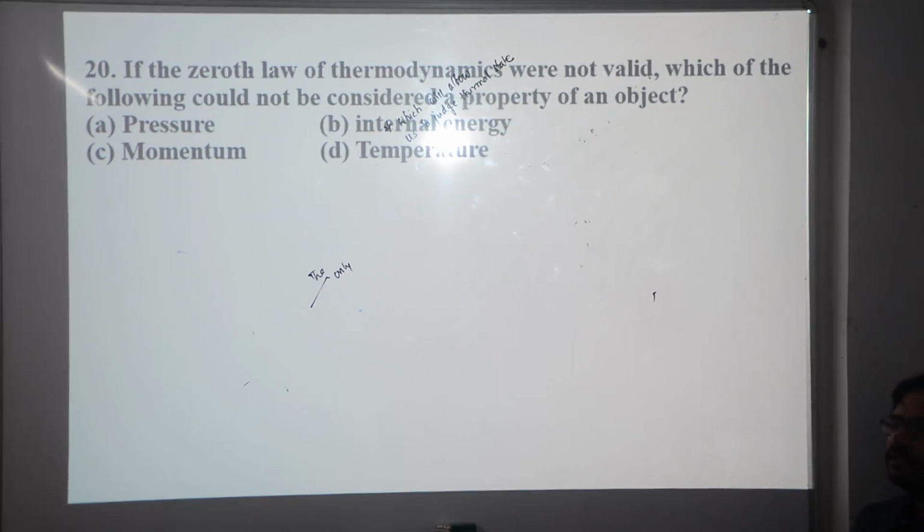Firstly, the objects are not connected. A, B isolatedly connected, B, C isolatedly connected, A, C isolatedly connected. So we can never make an assumption regarding pressure. Internal energy is clearly the property of the object itself, and that too is a function of temperature. So internal energy is a direct variable or a derived variable of temperature.